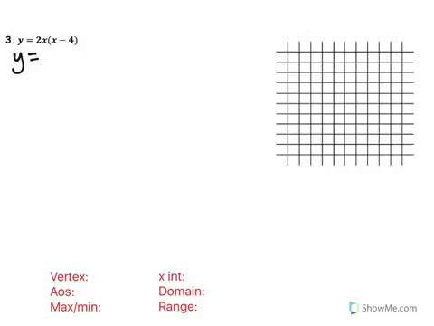My x-intercepts, I'm going to set both of these. You know how my x-intercept for sure is going to be a +4, right? So I'll say that one of my x-intercepts is +4.